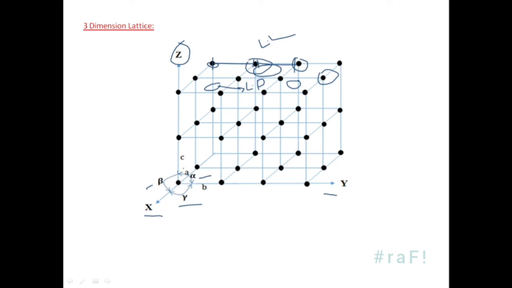And here A is translation along x, B along y, C along z. Now translation vector is T equal to n1a plus n2b plus n3c, where n1, n2, n3 are integers and a, b, c are the translations along x, y, and z.